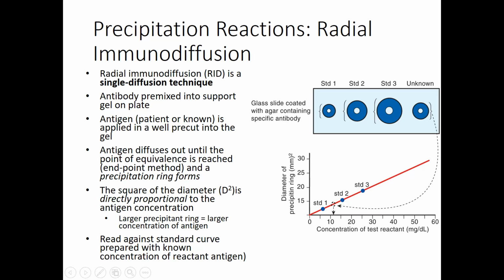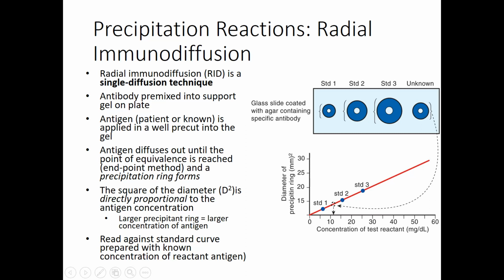So if we had a concentration of antigen and the diameter of the precipitant ring that's been squared, we're going to get a ruler. I'm going to measure from here to here, and then we're going to square it. So if it was 2 millimeters, we'd square it, so it would be 4 millimeters, and that's what we would count here as the diameter.